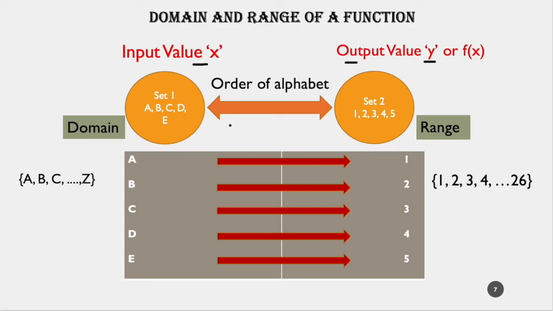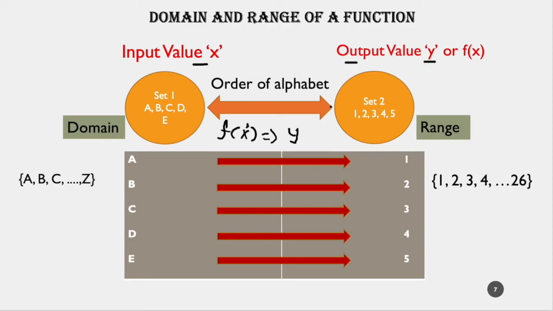So f of x simply means the output values are a function of x. That means when you input a value for x, the value that you get is the output value. So that is x, and that is f of x, which would be y, because we represent our output value with the letter y.